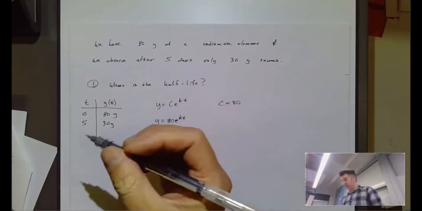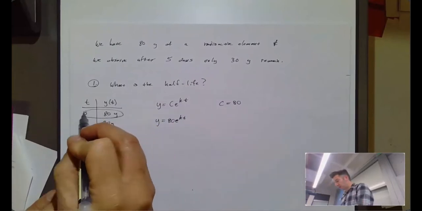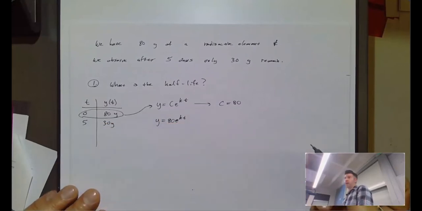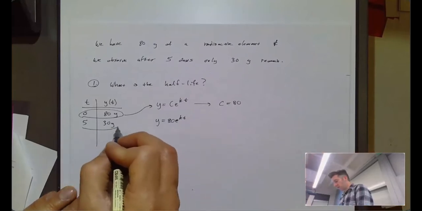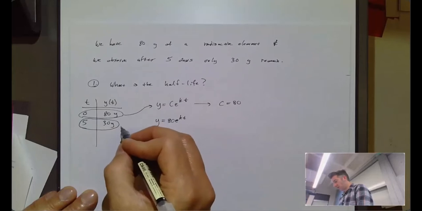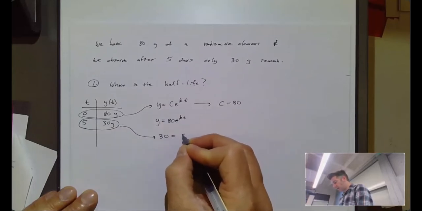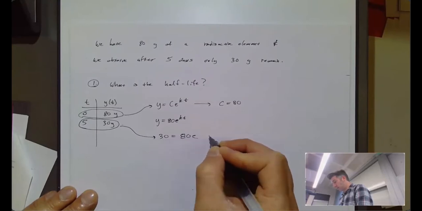The way you get that is by plugging in 0 for time and 80 for y, and getting c times 1 equals 80. To get the other constant k, we're going to plug in 30 for y and plug in 5 for t.